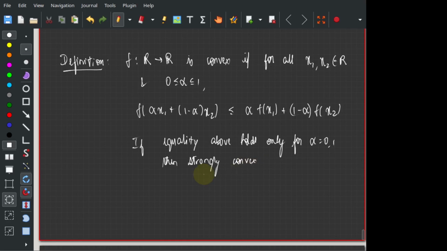And similarly, we'll say that a function is concave if minus f is convex.